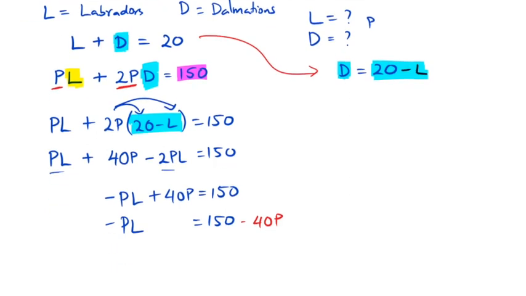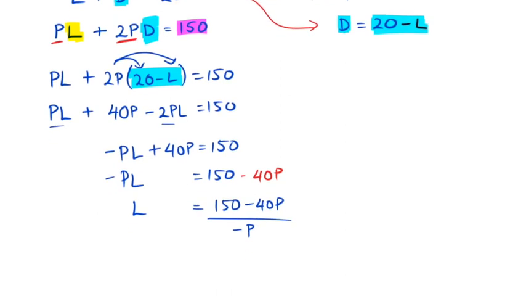Then L equals 150 take away 40P, divided by negative P. I can rewrite that as L equals negative 150 minus 40P, all divided by P. So that's my expression for the Labrador.